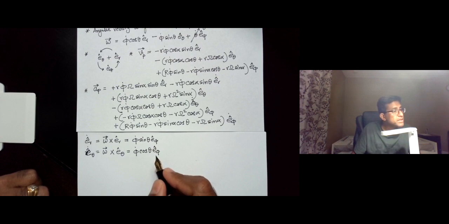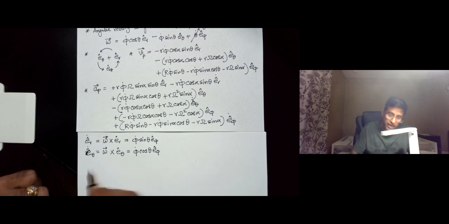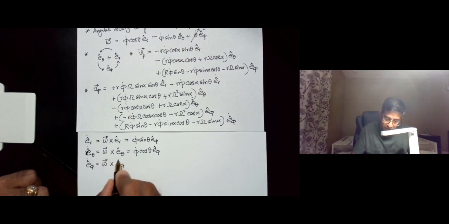I'm just checking to make sure that I have the right expressions. Yep. And then I have E phi dot, which is omega cross E phi.